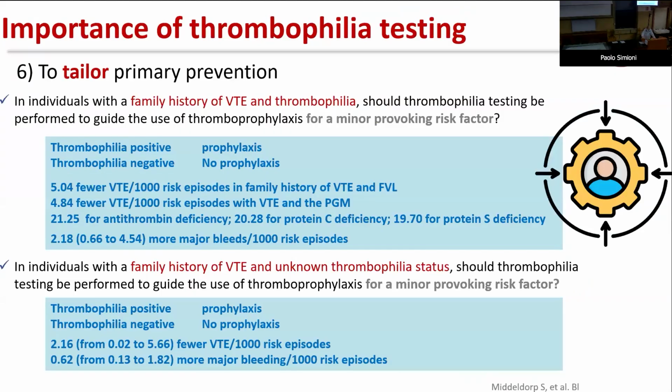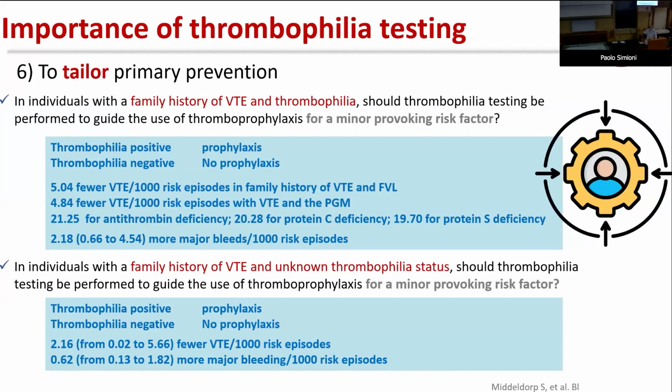The other few points that I want to tell you about are on primary prevention. So no thrombosis has occurred yet, and you want to know if thrombophilia is relevant in order to prevent the first thrombotic event in the patient. This is actually relevant particularly for clot inhibitor deficiency.